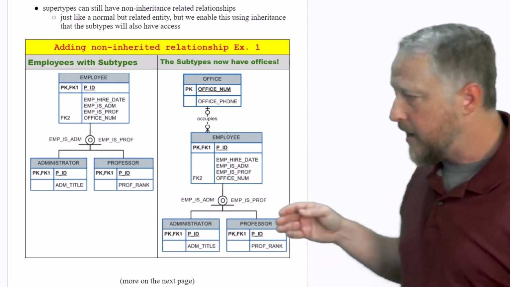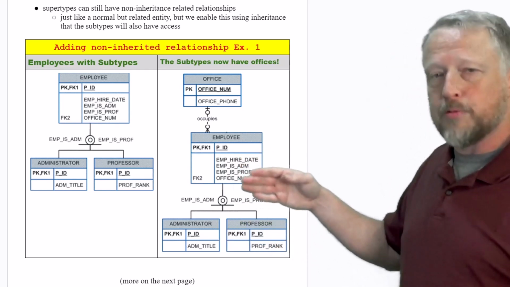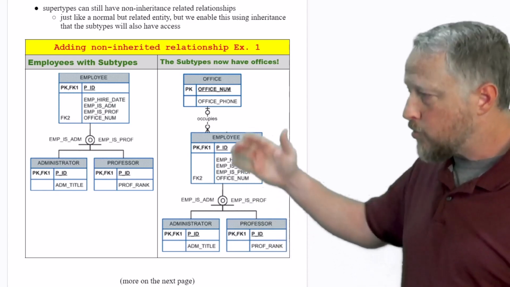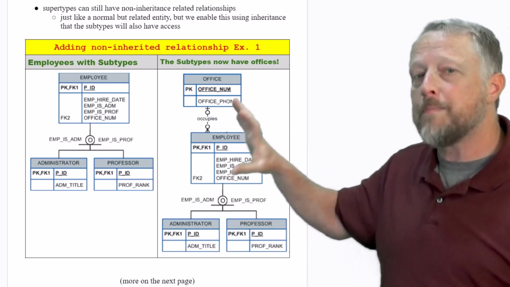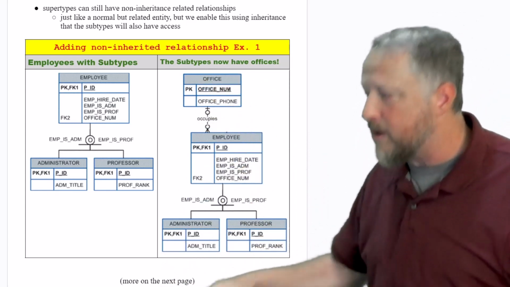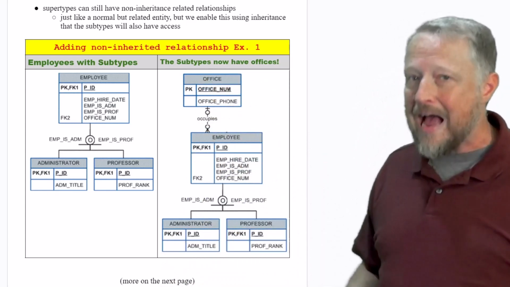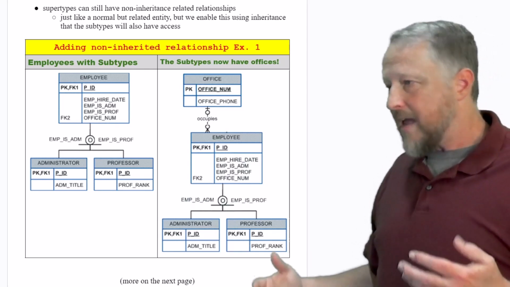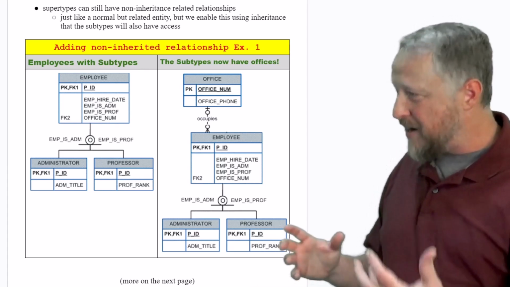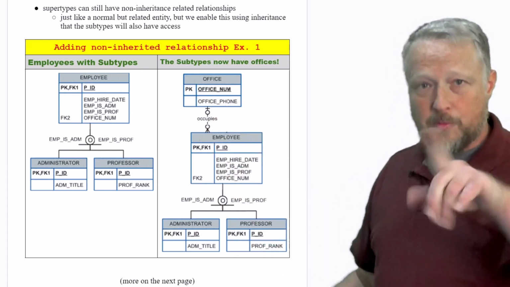Yeah. Is a professor, because they're an employee, going to have an office? Yep, sure does. So because the relationship is linked to employee, that means everybody from there on down is going to have access to that same entity as well. Now that changes a little bit depending on where this is linked. And I'm going to show you that here in a second.